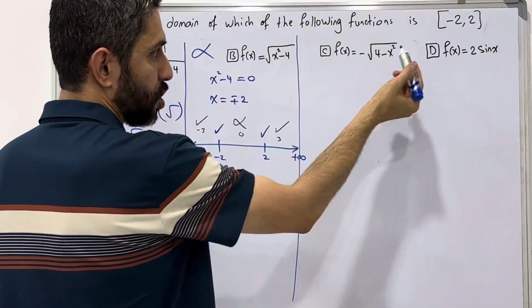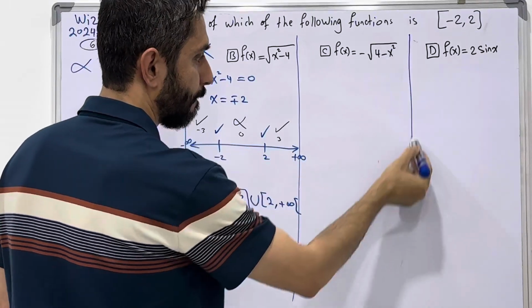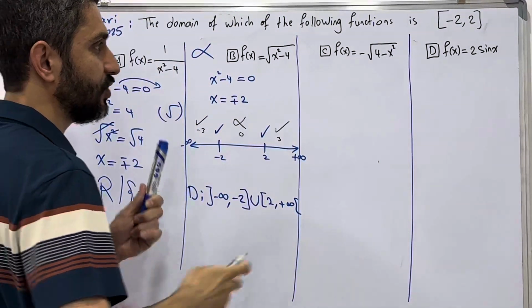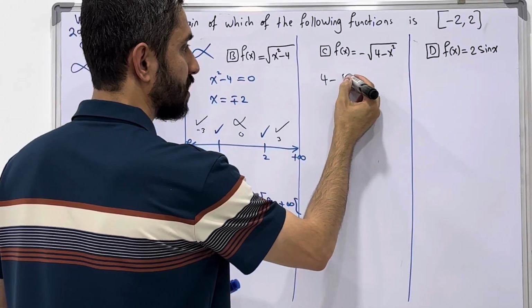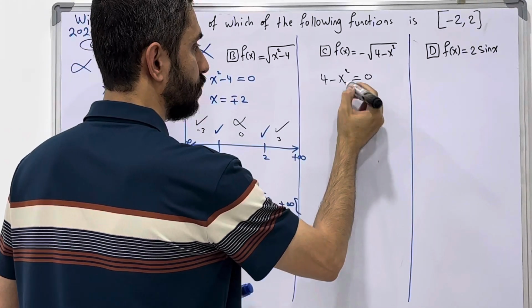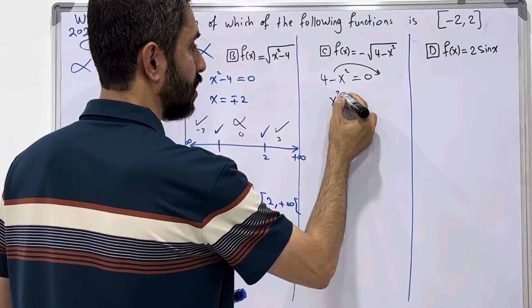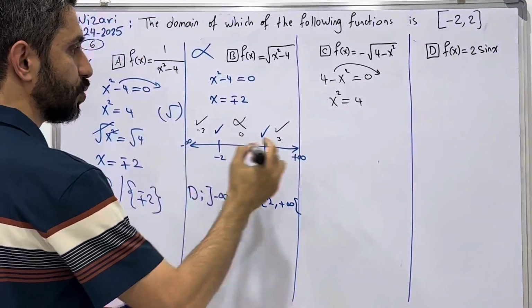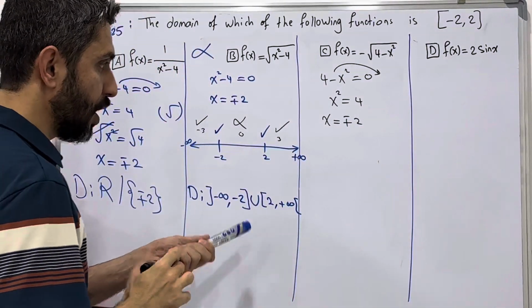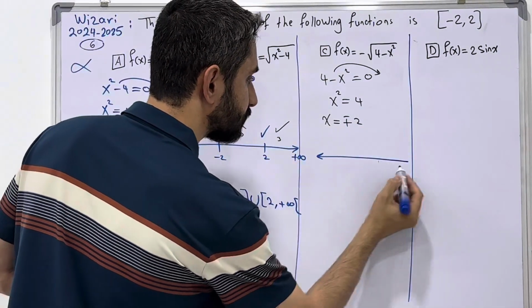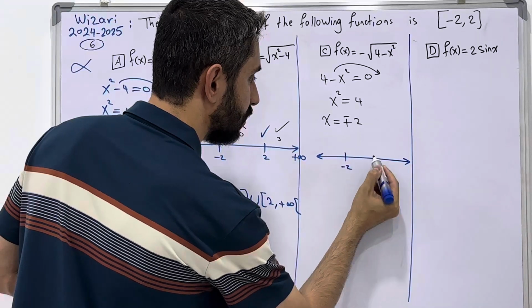What about this one? This is also a square root. Make underneath the square root 0, so we have 4 minus x squared, make it 0. If we move this one to the side, it's similar to this one, so x will be positive, negative 2. The same thing, we put them on the number line.